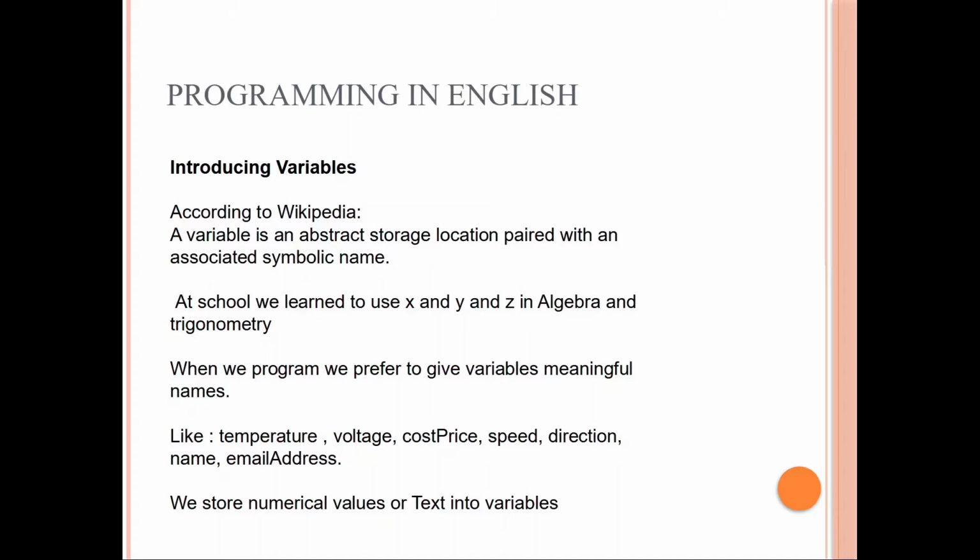Short cryptic names are frowned upon. The only time you do that is in a for loop, where you can say for i equals. Otherwise, we use variables like temperature, voltage, cost price, speed, direction, name, email address. And with variables, we store either numeric values or text values.